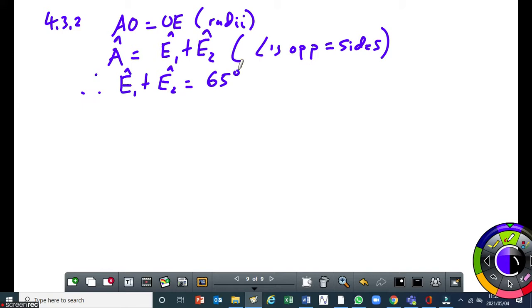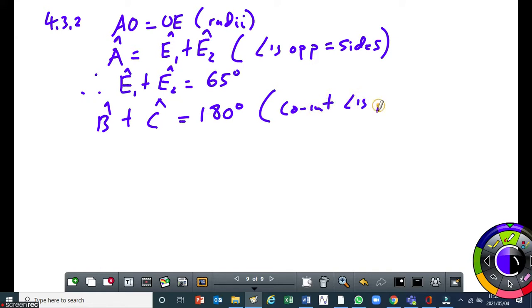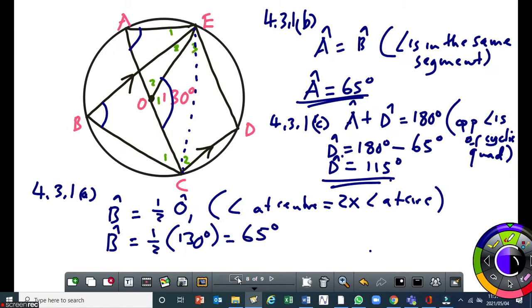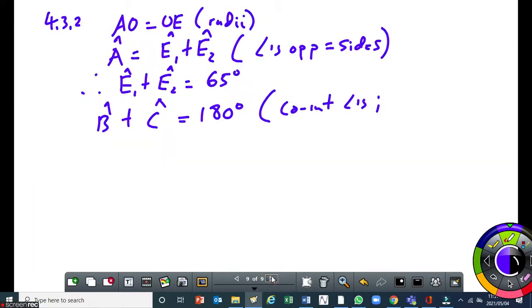Okay? Furthermore, if I write angle B plus angle C, these two will give me 180 degrees. My reason there will be co-interior angles. Okay? Then I need to state the lines that are parallel. In my two lines that are parallel there, it's going to be BE is parallel to CD.